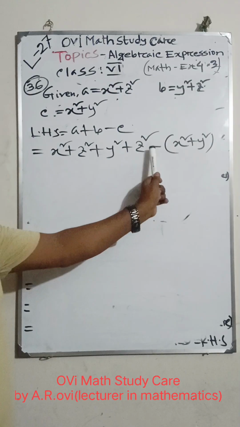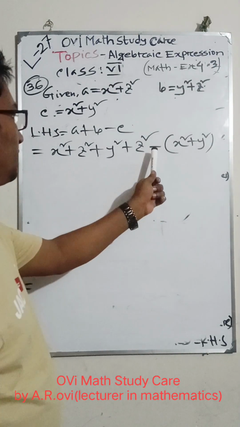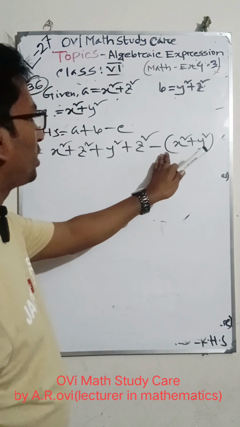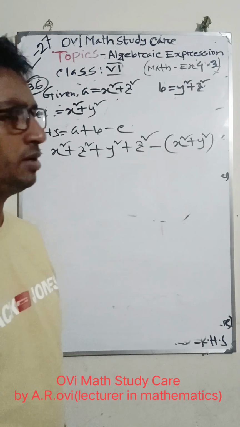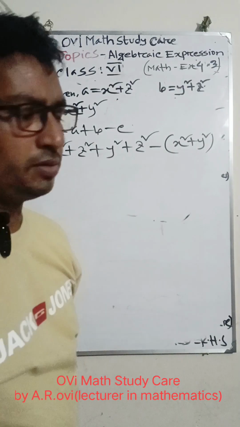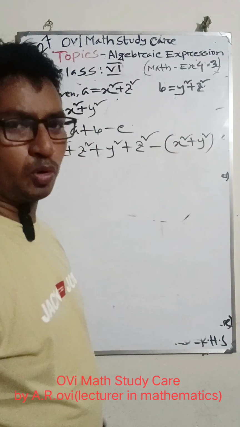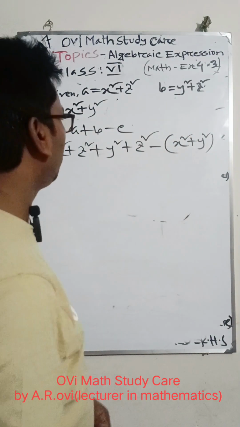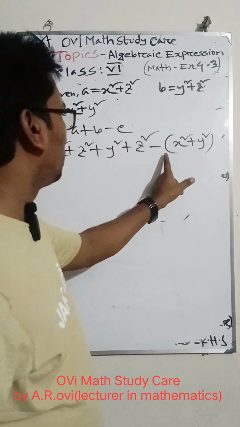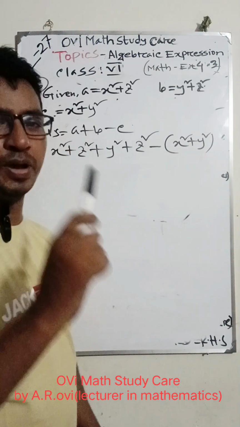For this minus sign, if you directly write minus x square plus y square, it will be wrong. If you keep the minus in front and write this term like that, then it will be wrong. So if there is any minus sign before a term, you should write a bracket.